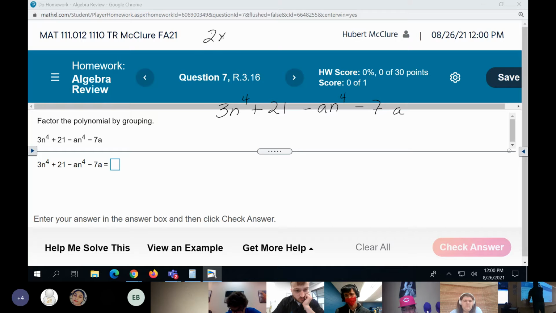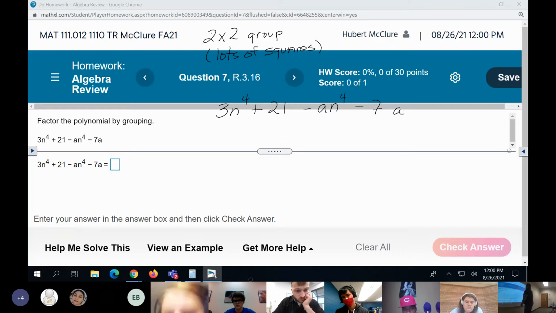A 2 by 2 grouping, when you have lots of squares. A 3 by 1 grouping, when you do not have a lot of squares.